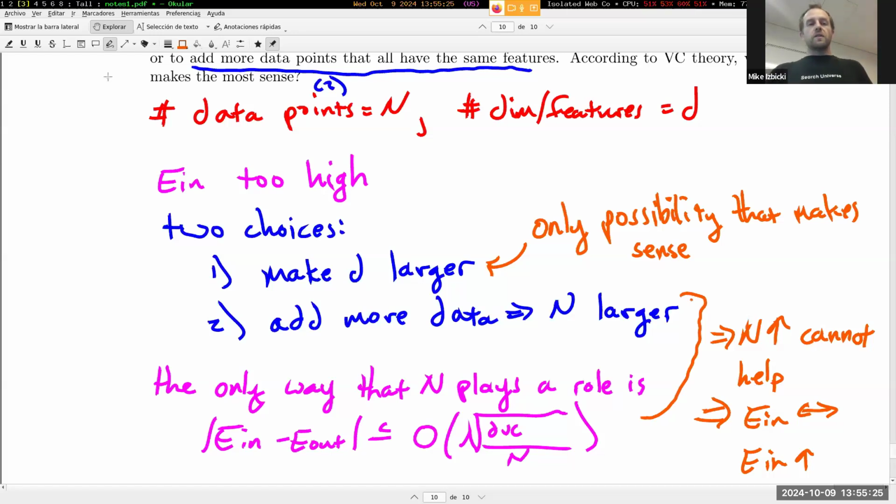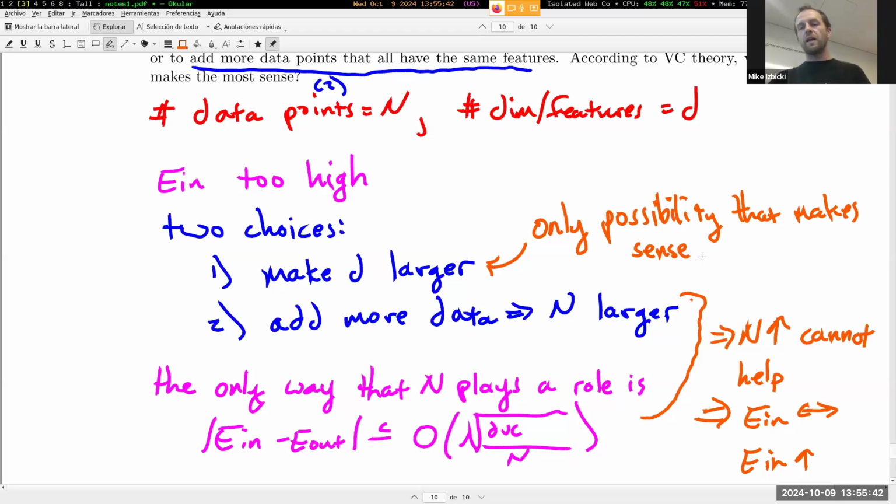One of the things that you will see in your finite hypothesis classes homework is that, as you make the number of features d larger, you will see the in-sample error go down. That's a thing observed from practice.